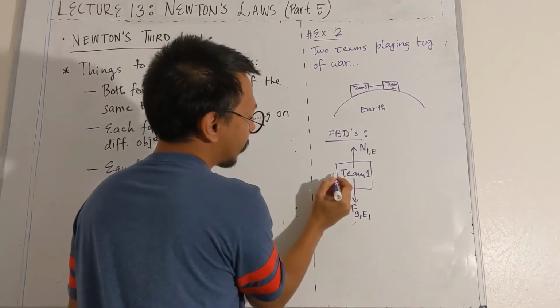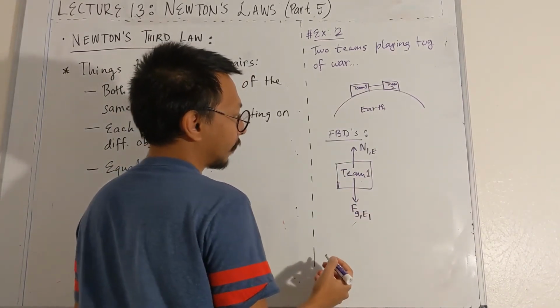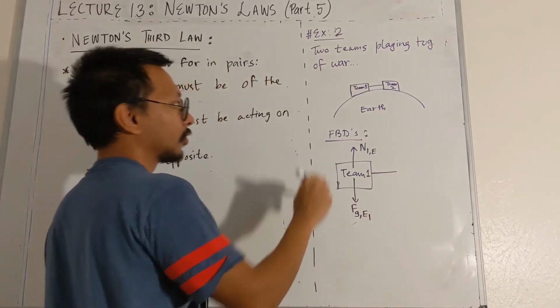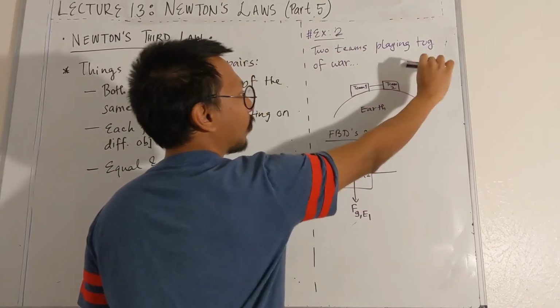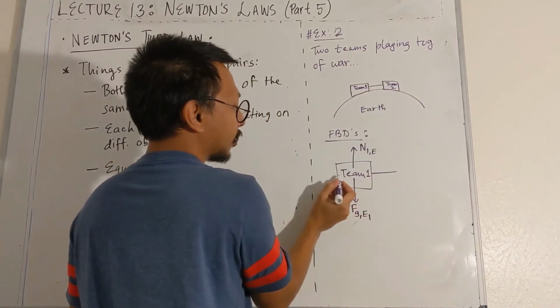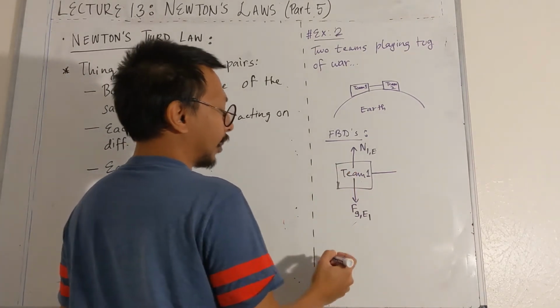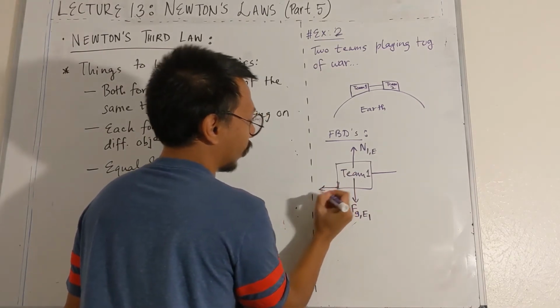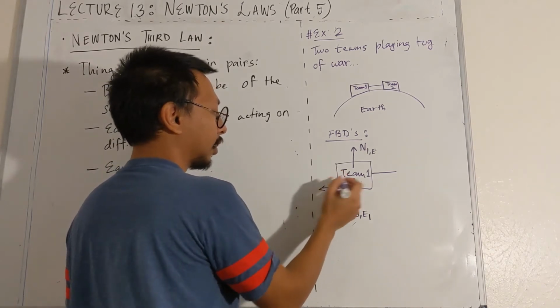And then let's consider friction as well, because the ground is rough. So we have a rope attached to team 1. Team 2 is this way, so team 2 will try to pull team 1 to the right. So team 1 will slide to the right, meaning that the friction will be opposing that sliding motion and it would be directed towards the left.